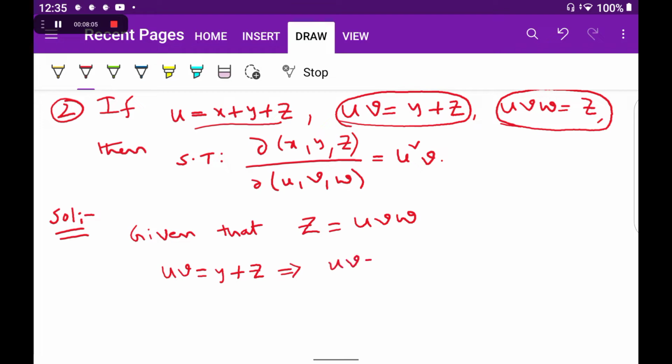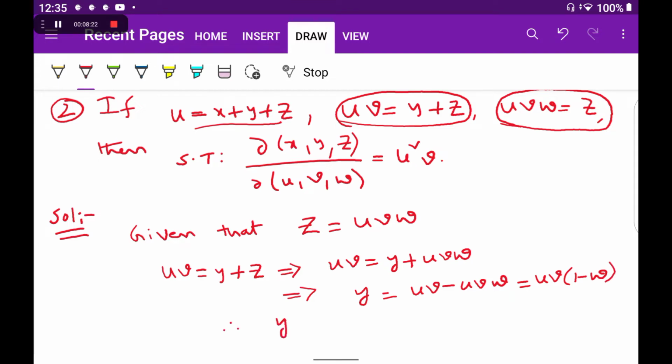So uv equal to y plus uvw, right? So we need y. Therefore it is uv minus uvw, which is uv into 1 minus w. So therefore y is uv into 1 minus w, right?